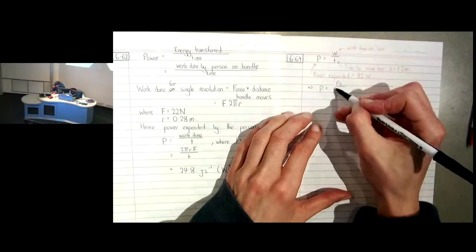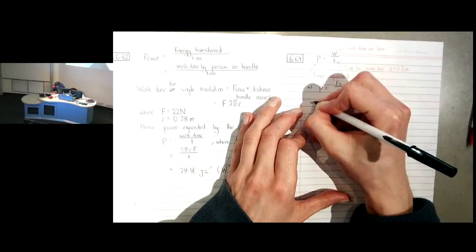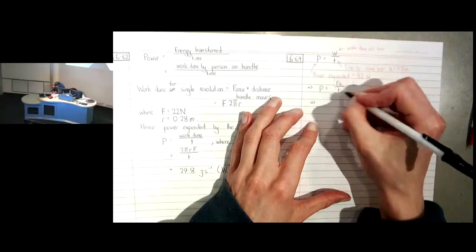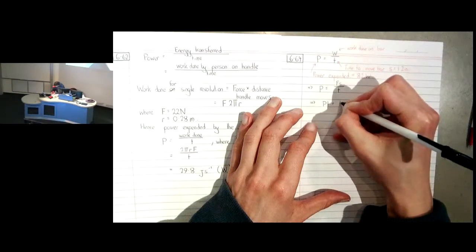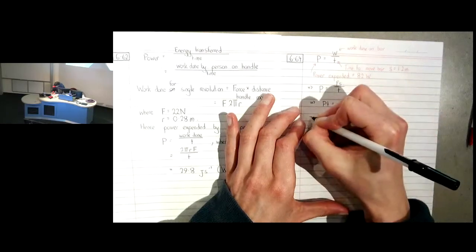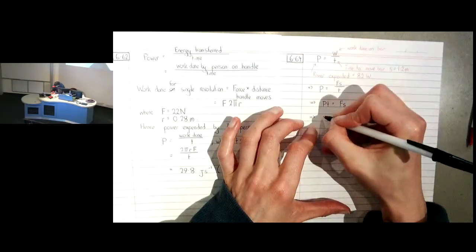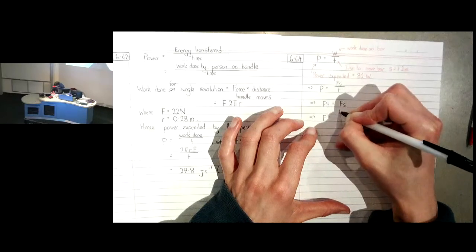And so what we want to do now is just solve for that force. If we multiply both sides by time, we get that power times time is equal to force times the distance. And then lastly, we just divide both sides by that distance.